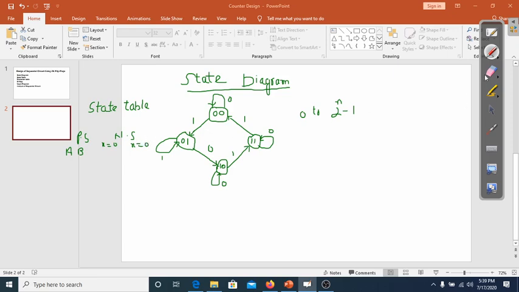So when x is equal to 0, I will write here the next state.